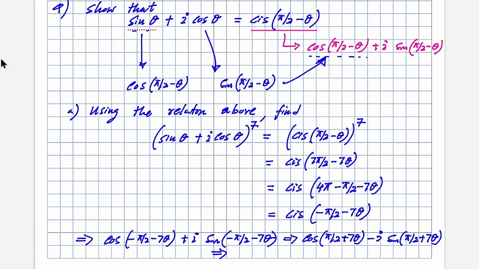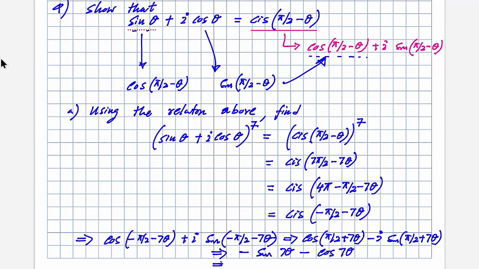Then cos pi divided by 2 plus 7 theta is how much? Pi divided by 2 plus means second quadrant, right? So in the second quadrant cos is negative. Negative sine 7 theta. Minus sine pi divided by 2 plus means sine positive, so it's going to be cos 7 theta.